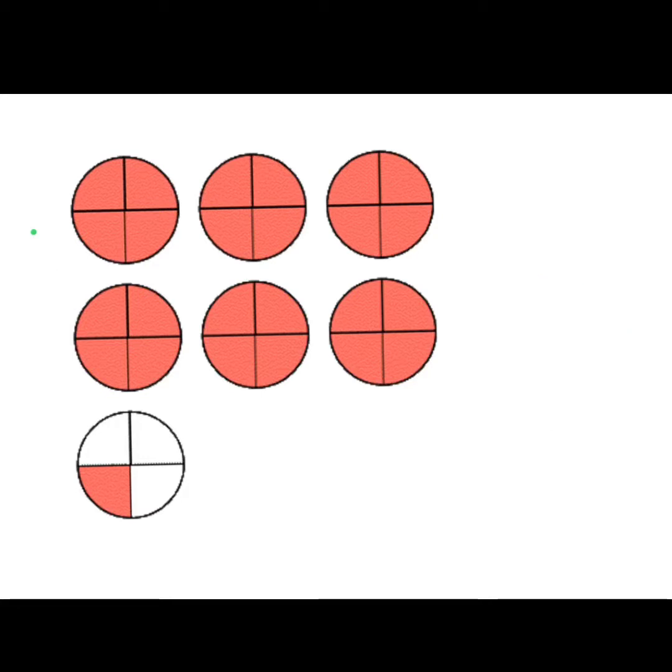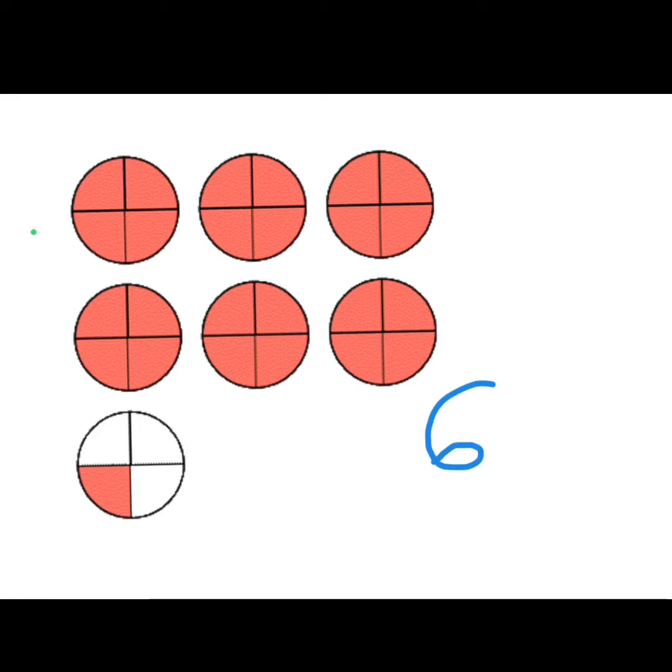We can also see this expressed as a mixed number. So we have to count how many circles are fully colored red, and we can count them and see that there's 1, 2, 3, 4, 5, 6 circles that are fully red. So that's our whole number.